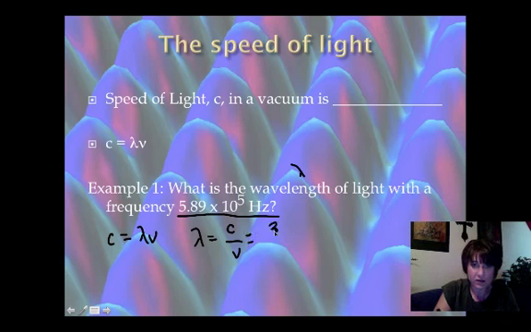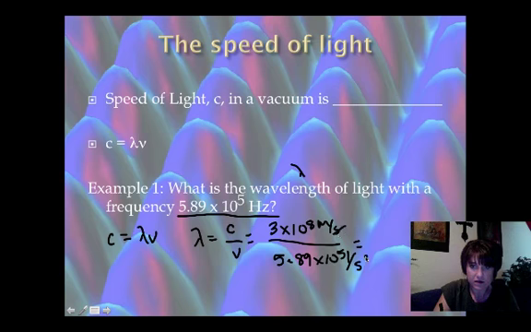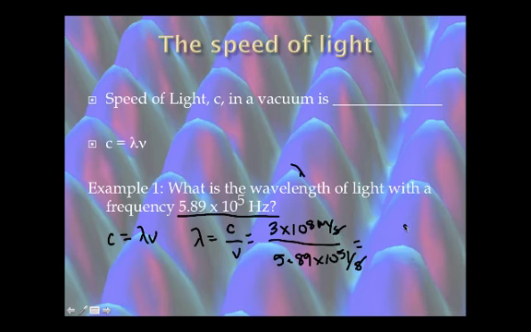Now let's put in our numbers: 3 times 10 to the 8th meters per second divided by 5.89 times 10 to the 5th hertz, which is 1 over second. So seconds is in the denominator both on the top and the bottom, so that can just go away.